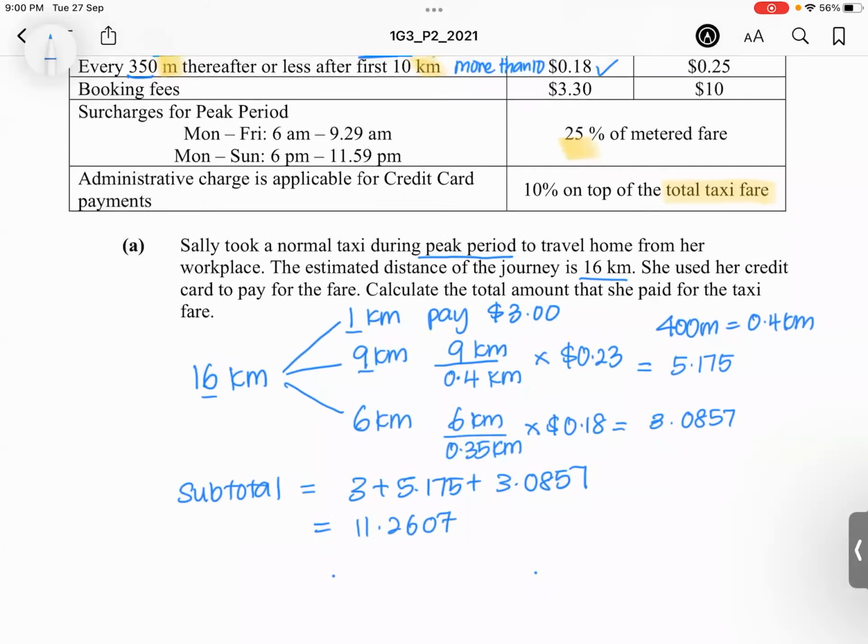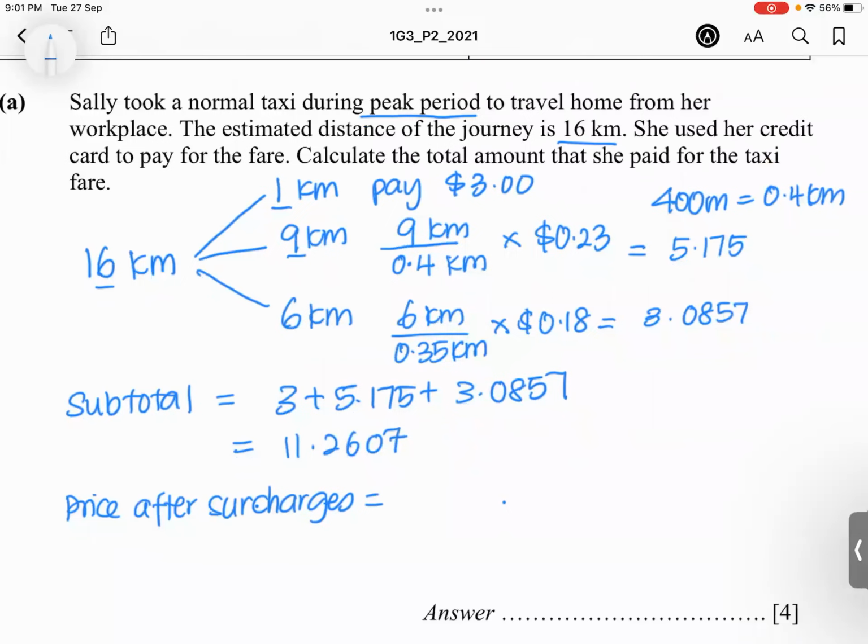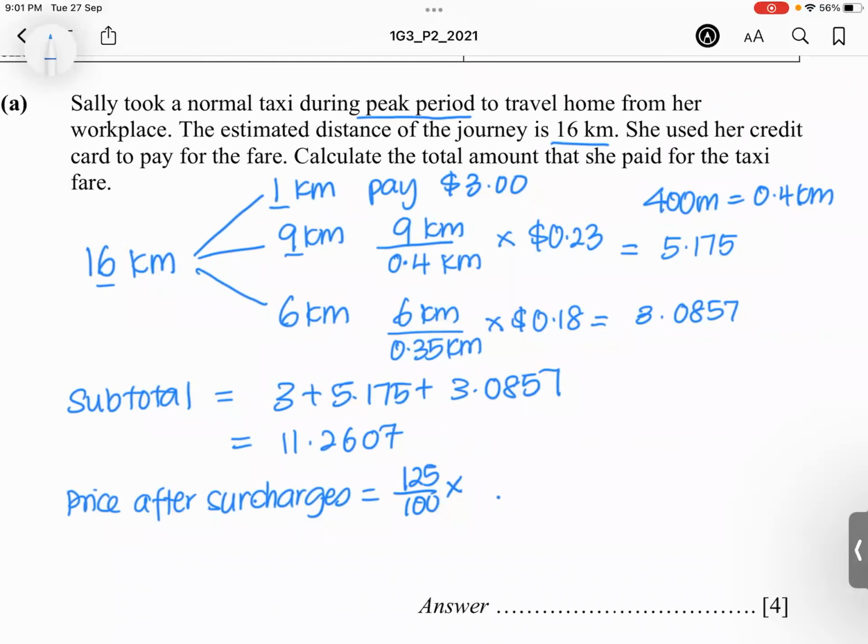Now I'm going to calculate my price after surcharge. Remember to write the description. In this case, the surcharge is 25%, originally 100%, so I add another 25%, making 125% of this number.